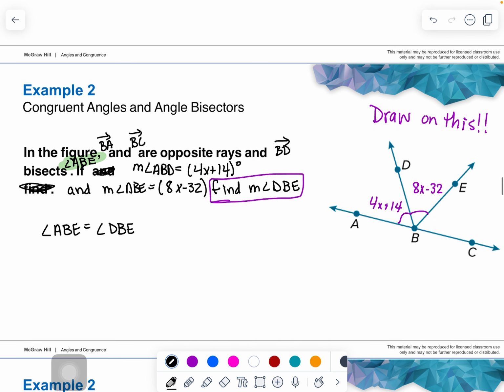Therefore, we can set their values equal. So 4x plus 14 is going to be equal to 8x minus 32. And now you've got an algebraic equation that we can solve.